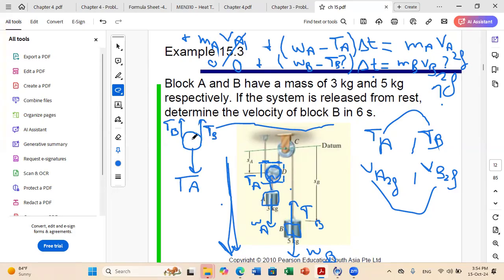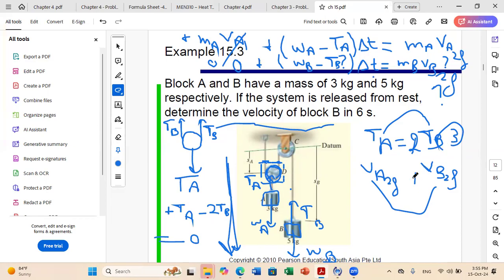Since it's a massless pulley, sum of forces in Y is equal to 0. So I have plus TA minus 2TB equals 0. In this way, I related tension in the cables. So TA is equal to 2 times TB. This is equation number 3.